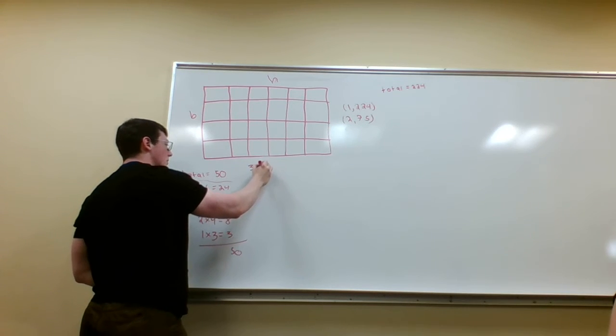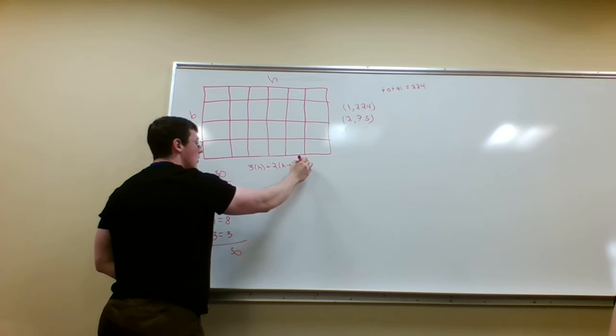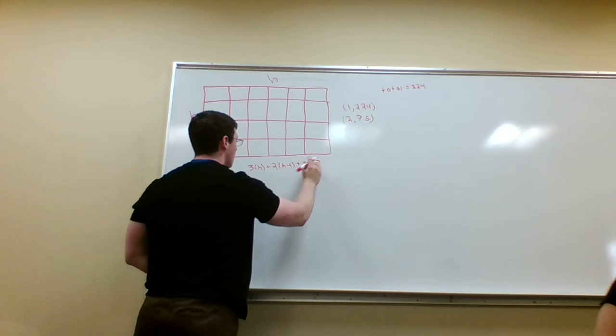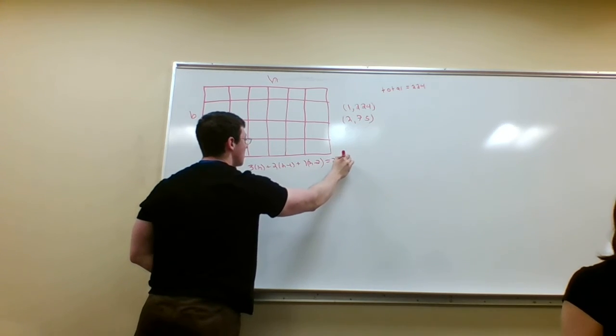3 times the height plus 2 times the height minus 1 plus 1 times the height minus 2 equals 224, my bad.